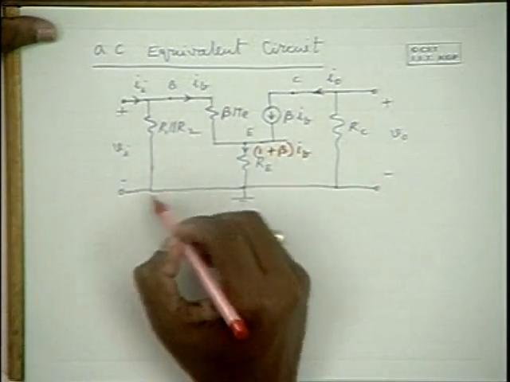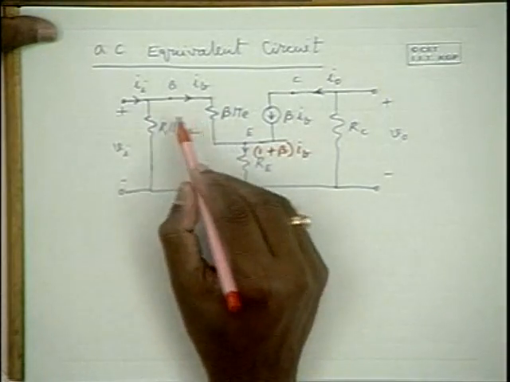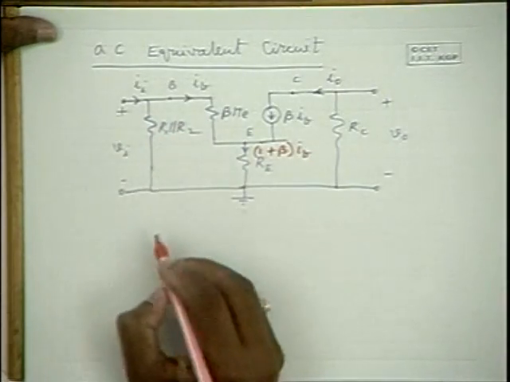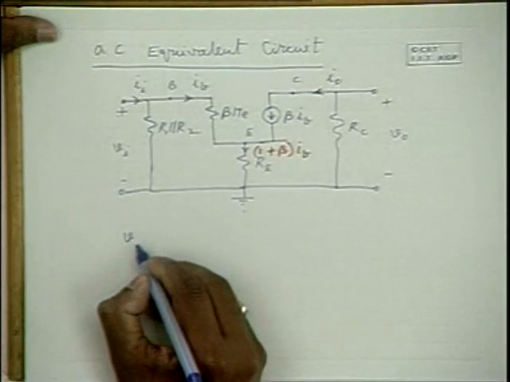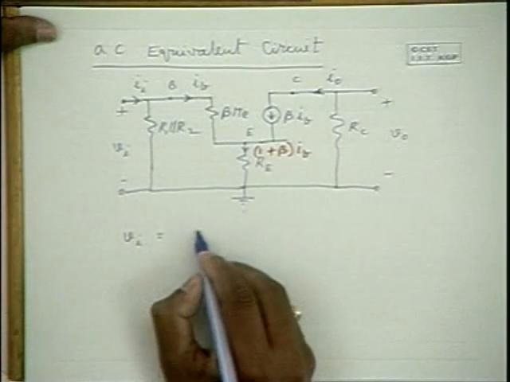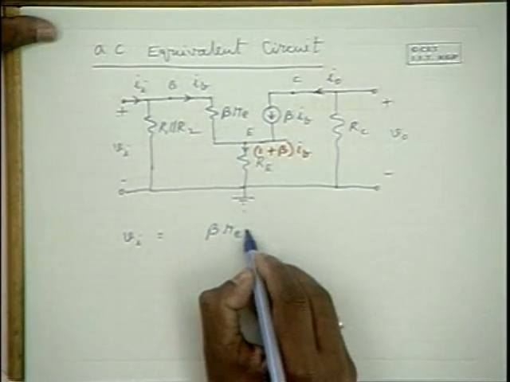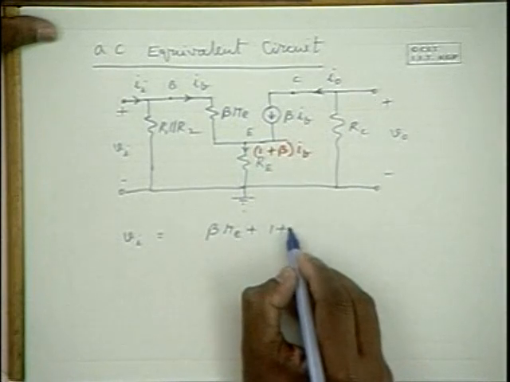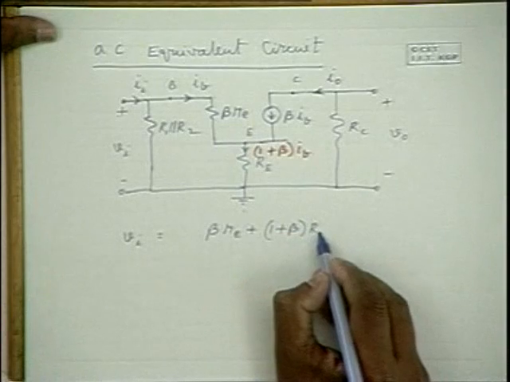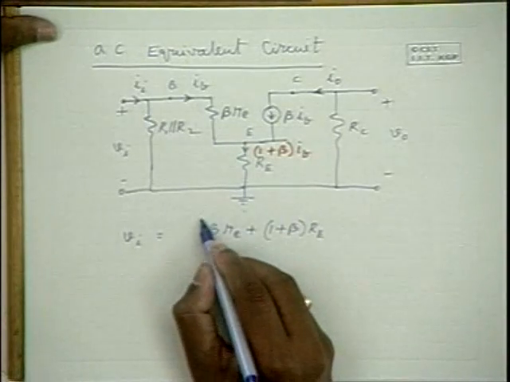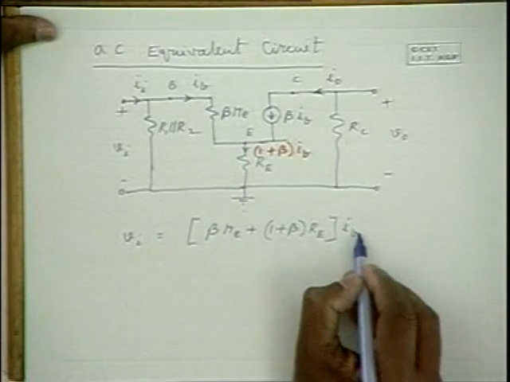Now let us write down the Kirchhoff's voltage law equation in this loop. So that will give us Vi equal to beta Re plus 1 plus beta into RE, whole into IB.